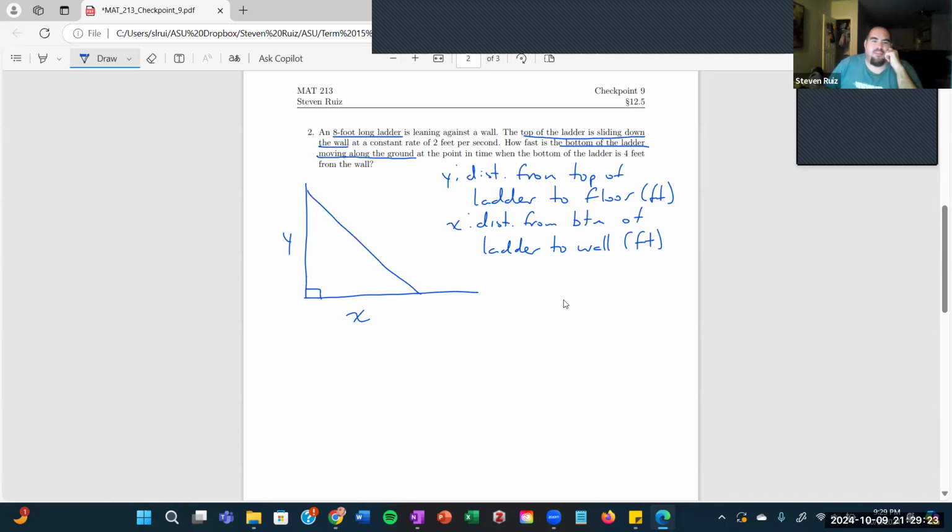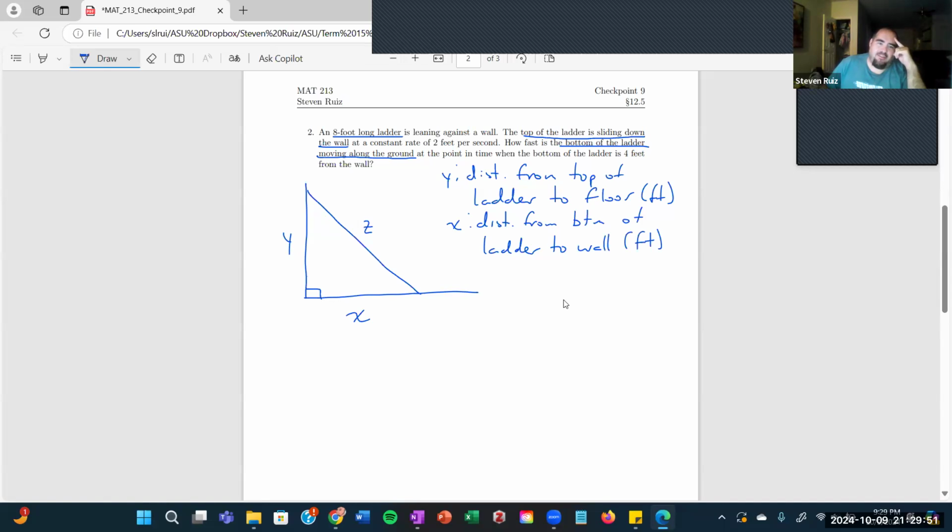One more thing here, I'm going to call this thing Z, and I'll explain why I'm replacing that. You can look at this both ways. I'll go back and forth to show you how to solve these problems in both ways, but I think it's safe to call this thing I just labeled Z as 8, because we can safely assume this ladder's length is not going to change.